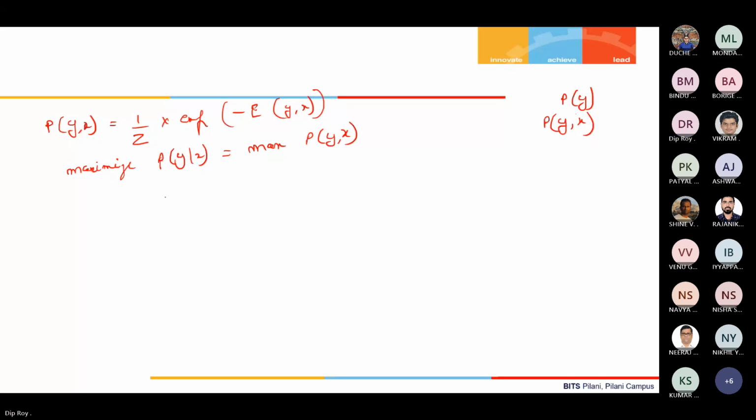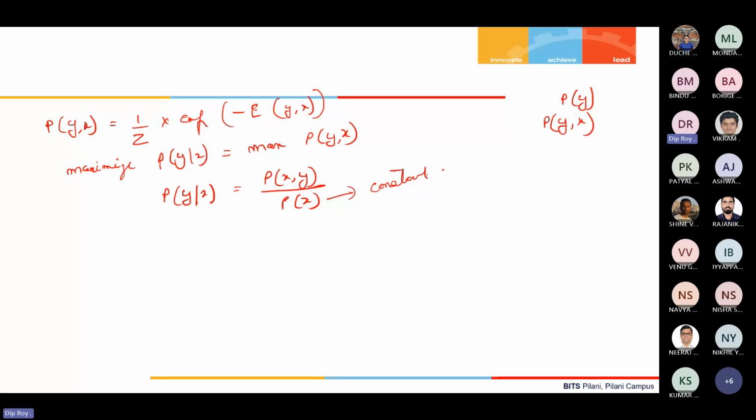Because we know probability of Y given X is equal to probability of X and Y divided by probability of X. And since we are trying to find the best Y for a fixed observed X, the term P of X is constant with respect to Y for all the observations. This is constant.